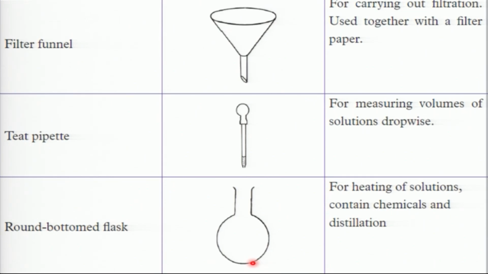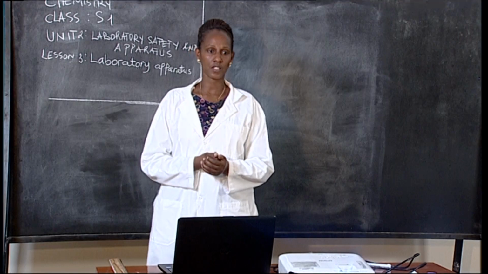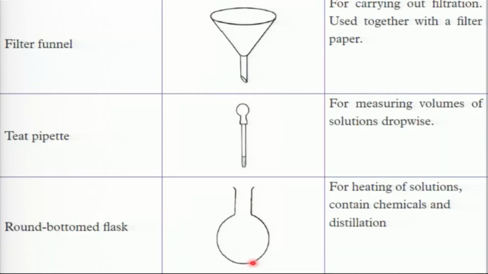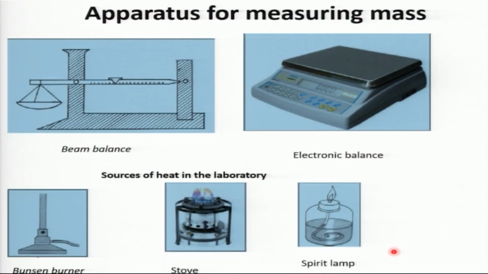Normally, these flasks have the same uses in common. They are all normally used for heating and to contain chemicals. All right? So as with other flasks, it is also used for heating solutions. The round-bottomed flask is used for heating solutions, containing chemicals, and distillation. All right? Good. We have many.